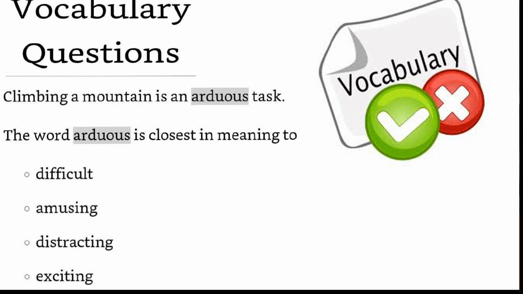In this example, the first answer, difficult, is correct. An arduous task. Climbing a mountain is a very complicated task, so you need to understand that it makes sense.